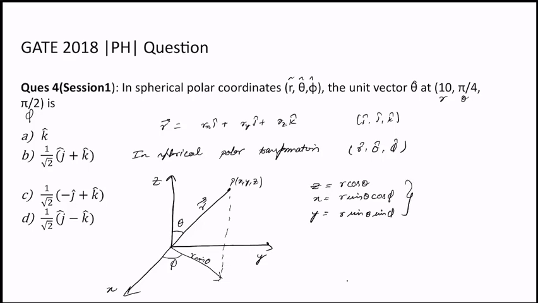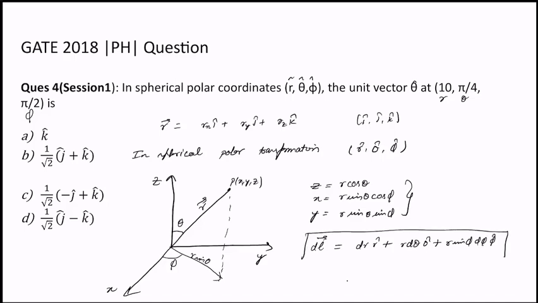So we just did these transformations and we put them back into this original equation, and finally what we get is our line element in the spherical polar coordinate system. So the line element is nothing but dr r cap, after doing all the transformation, plus r d theta theta cap plus r sin theta d phi phi cap.